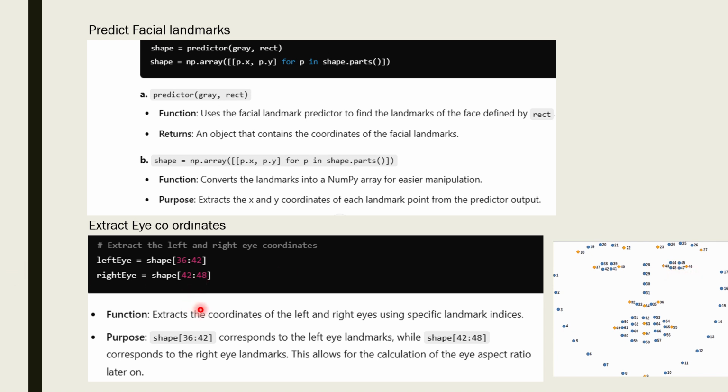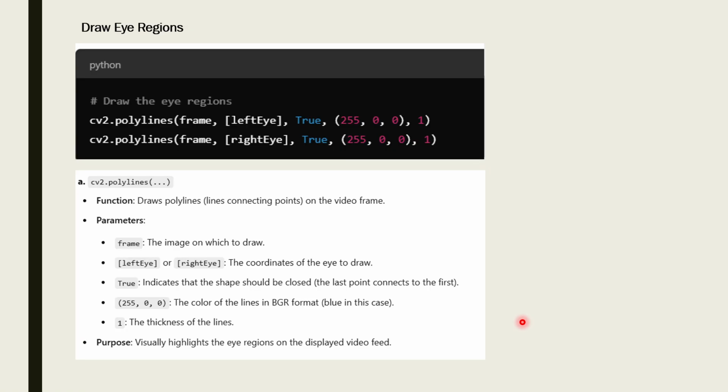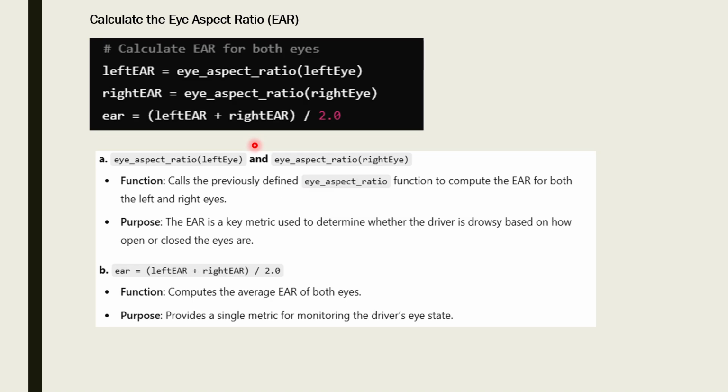Okay, so understand this. This function will extract the coordinates of the left eye and right eye. And now we want to draw the eye region. So around that eye region in each frame we draw in blue color. Okay, this function does that.